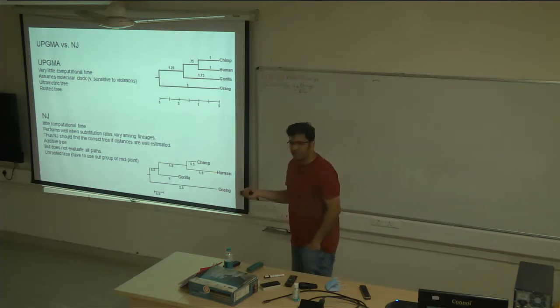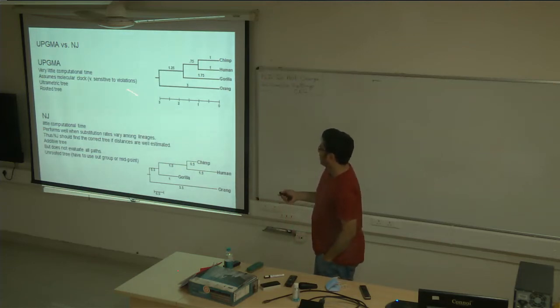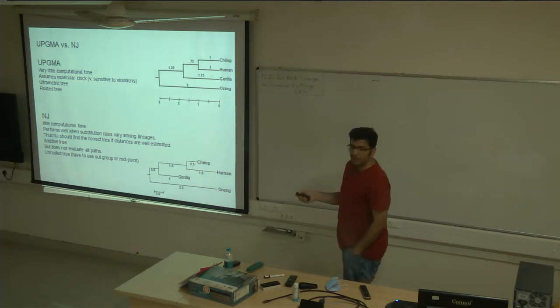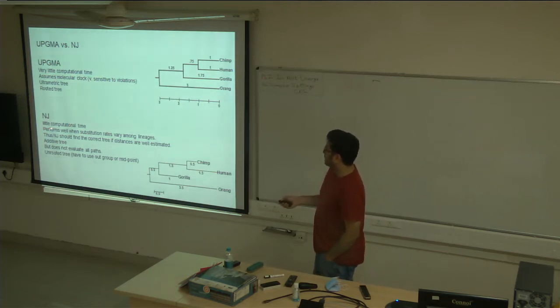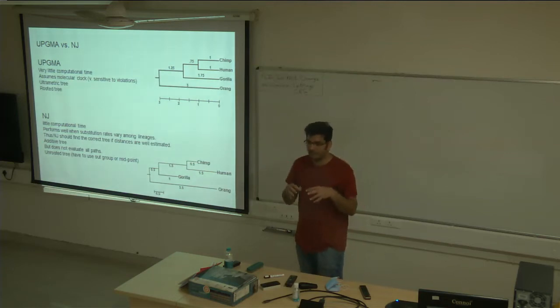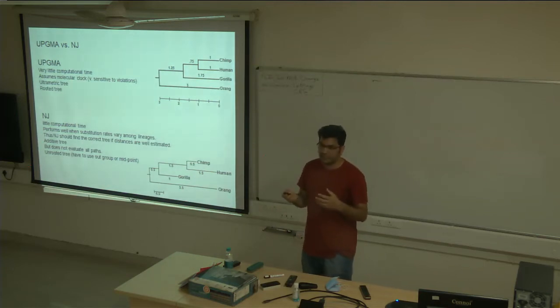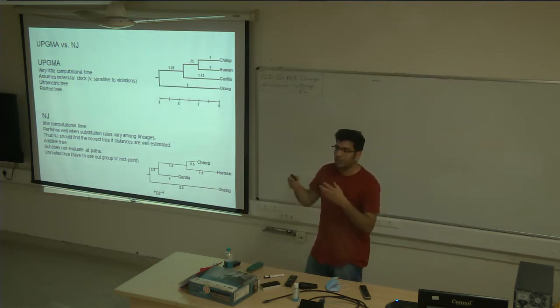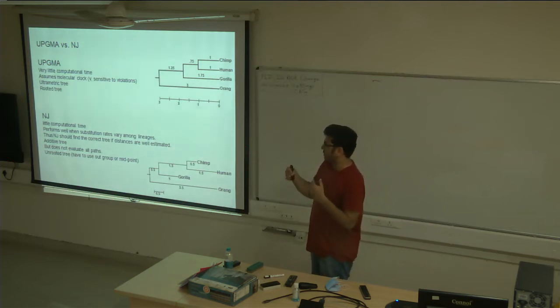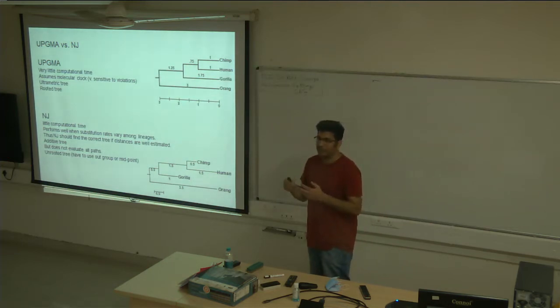Actually, NJ also takes little computational time. But again, UPGMA assumes a molecular clock, whereas NJ, as we saw, uses rate corrected distance, so we incorporate the variation in rates in different lineages.